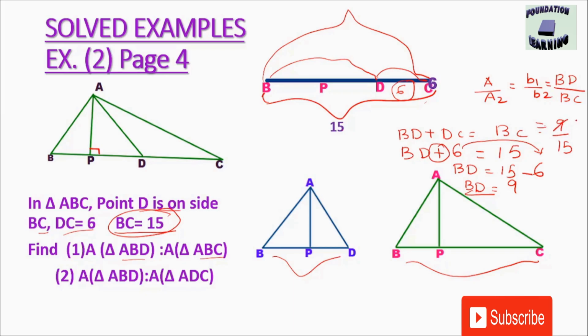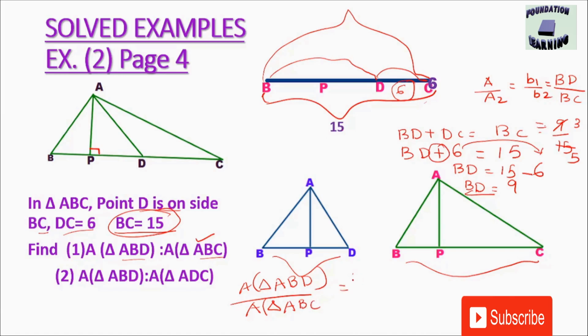So 3 3s are 9, 3 5s are 15. Now we have got the first one. I'm just explaining the concept first. I know it's very untidy. First, we had to find the area of triangle ABD upon the area of triangle ABC.